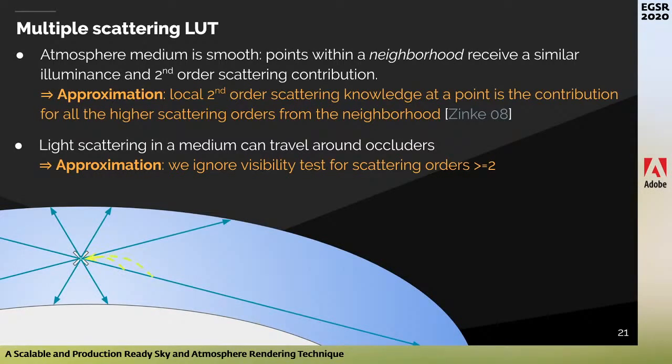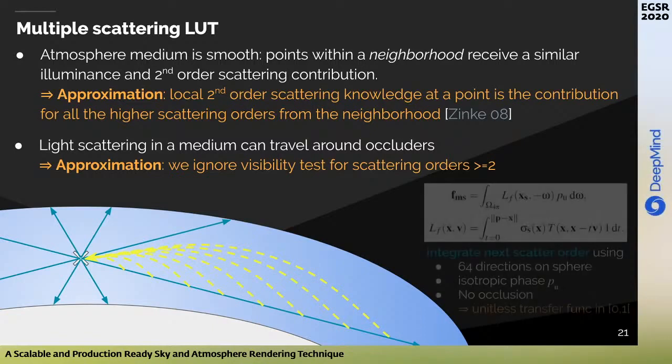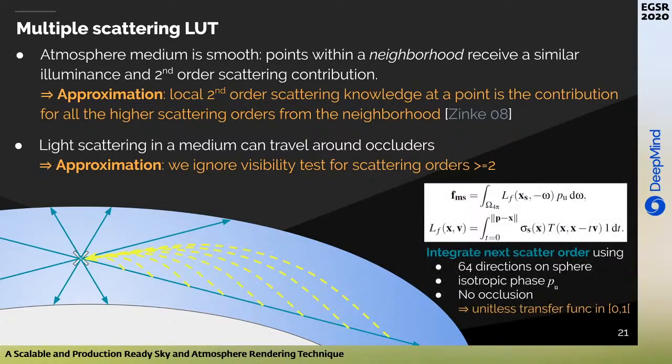And we do this by integrating the contribution of the neighborhood around a point within the atmosphere using 64 directions again. And during this phase, we simulate the transfer of a value of 1 according to the atmosphere properties. And this results in FMS, you can see here, which is a unitless transfer function from the neighborhood toward a point.